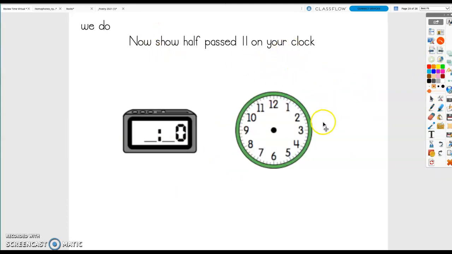Now show 11:30 on your clock. So you want to move it halfway around the clock. So when you do that, your hour hand will be in between the 11 and the 12, and the minute hand should be directly at the 6. So our clock should show 11:30.